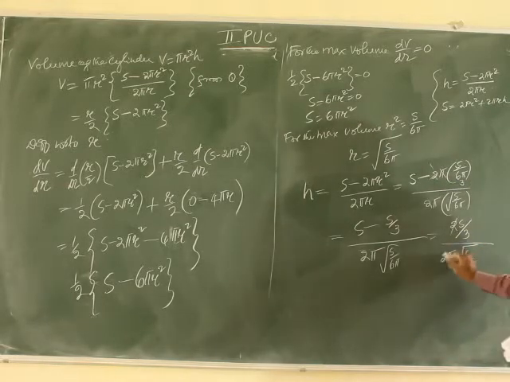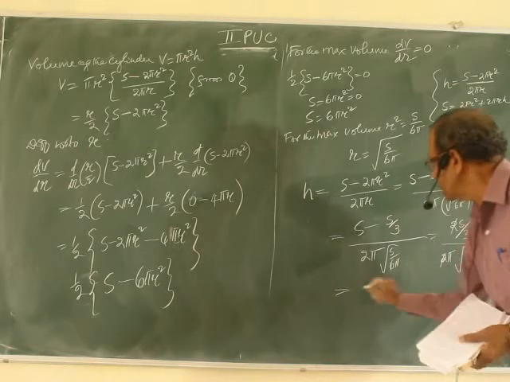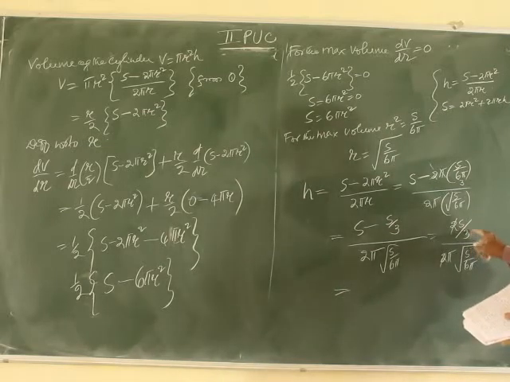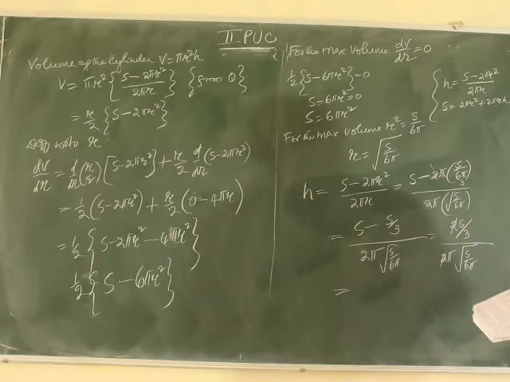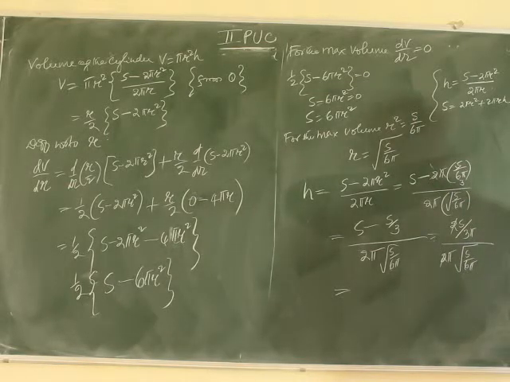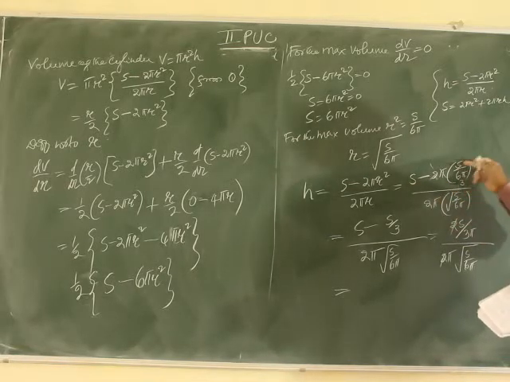Once again 2 cancels. Equal to S by 3 by root S by 6 pi. Correct, no? Or pi cancels, 3S minus S, 2S by 3 only.